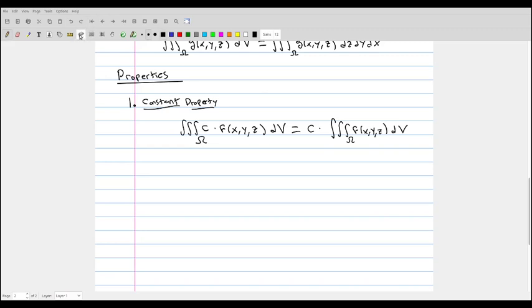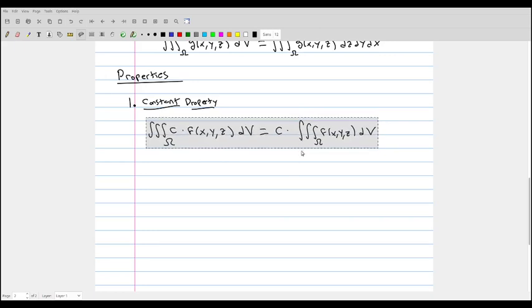Or constants can be factored out in some sense. They slip through this integration procedure. This is very similar to this property for double integrals, and also this property for single integrals as well.